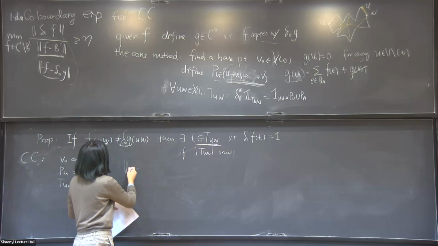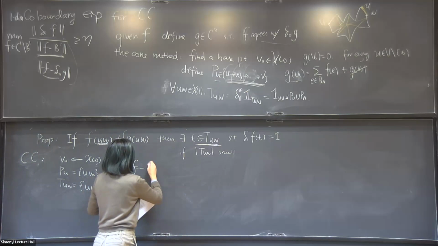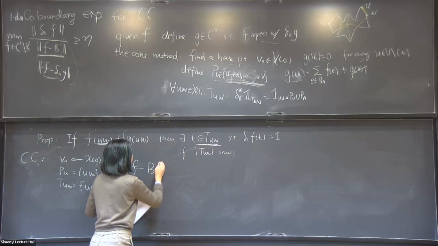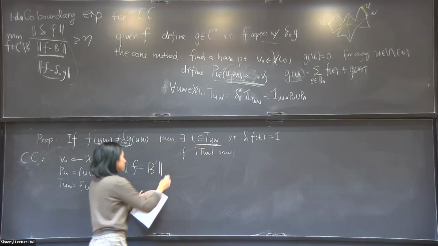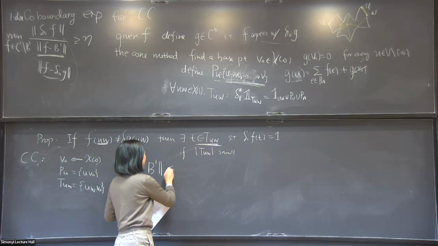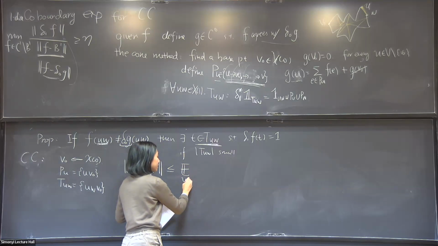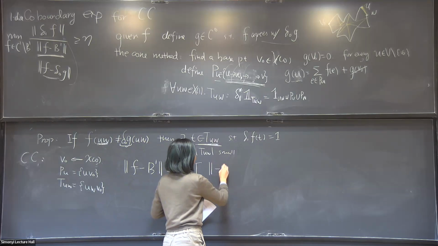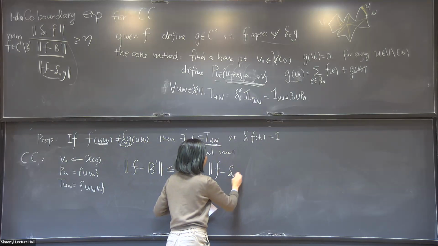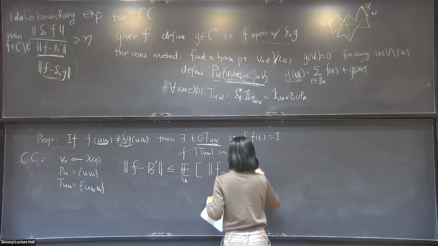Let's write the denominator here. If we subtract from FB1, I claim that this is upper bounded by, if I take expectation over V0, the distance from F to delta 0 G with subscript V0.